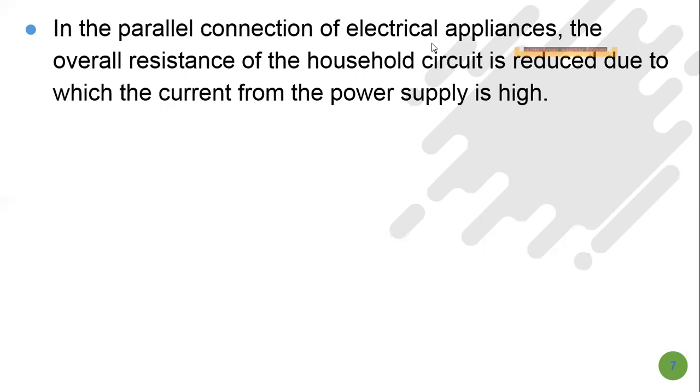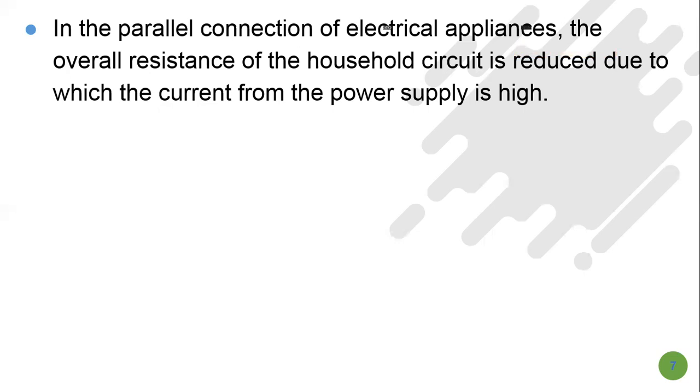You see in this formula, the total resistance or overall resistance is less than the individual resistance. So that is one of the reasons why we connect the appliances in parallel, because overall resistance of the household circuit is reduced, due to which the current from the power supply is high.